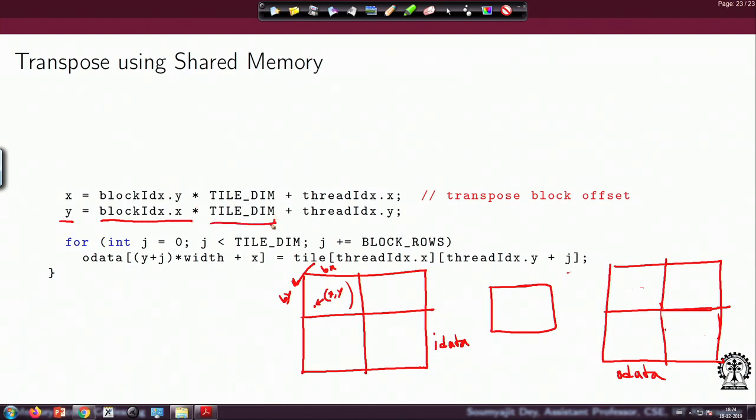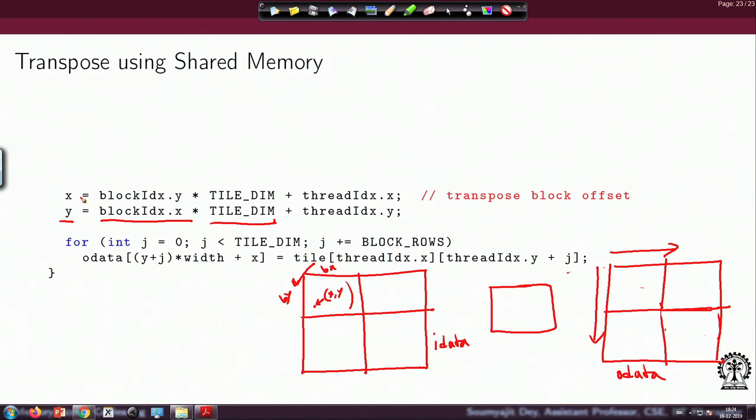So essentially, this original block ID x will now be used to calculate the offset of the block in the y direction. Similarly, whatever was my original block ID y would now be used to calculate the offset of the block in the x direction. That is why block ID y is multiplied by the tile dimension to calculate x.